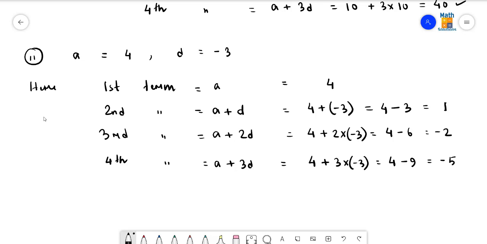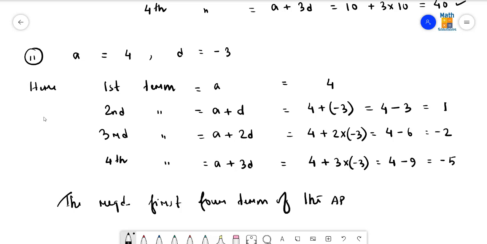So the required first 4 terms of the AP are 4, 1, minus 2 and minus 5.